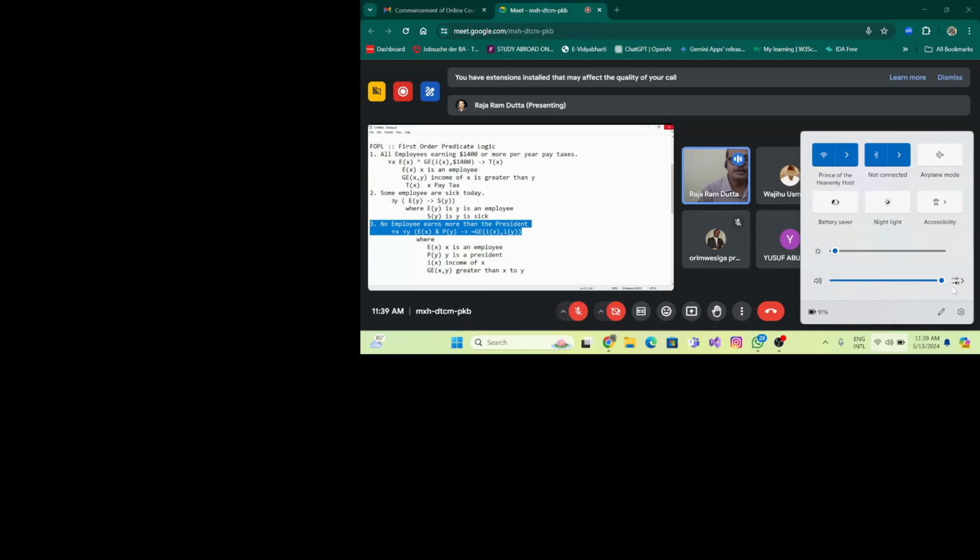I hope the concept is clear, how we can use a universal quantifier and how we can use an existential quantifier.